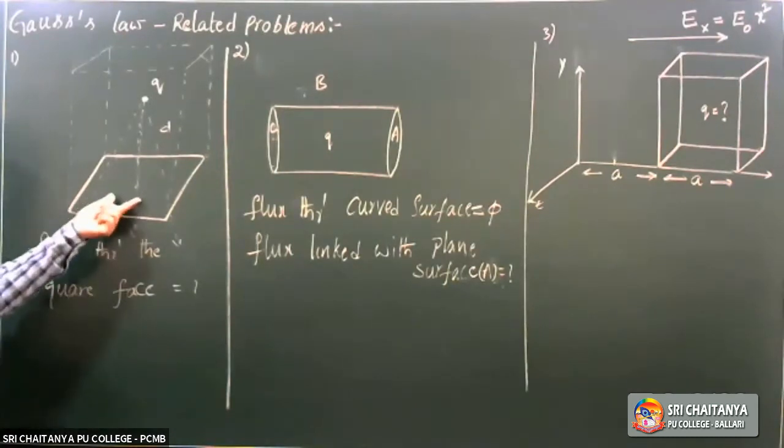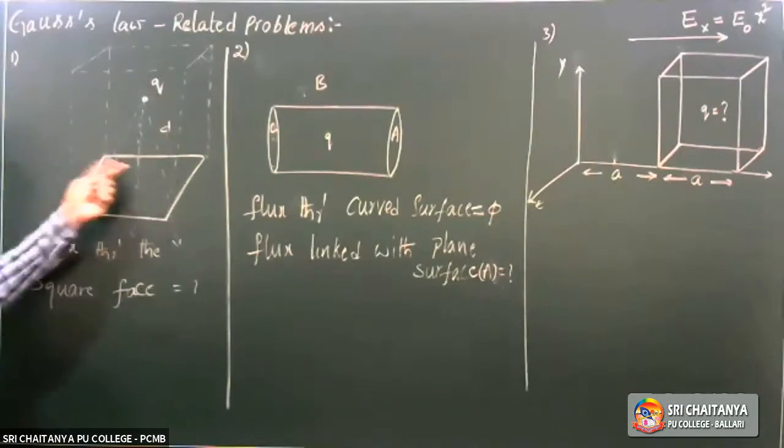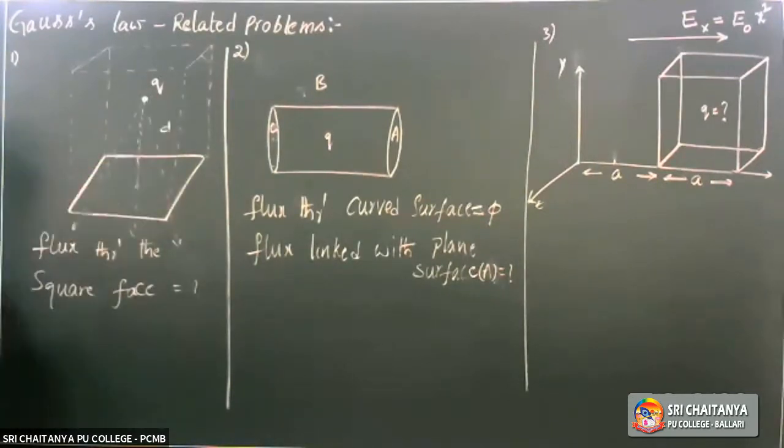Now this square face becomes one of the faces of the cube. Yesterday we discussed that through the total cube, flux is q by epsilon naught.